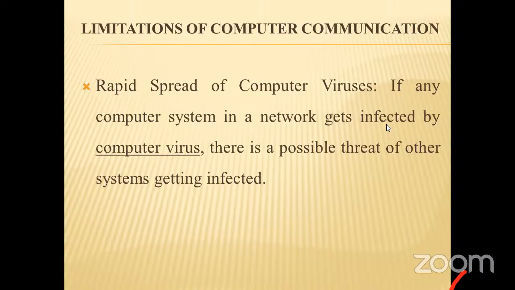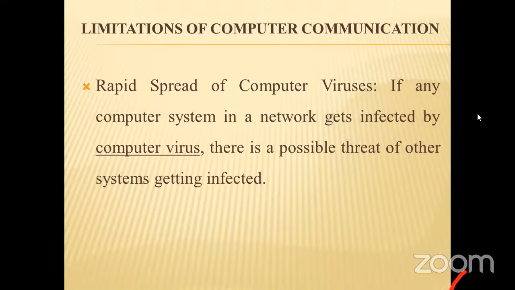Rapid spread of computer viruses. If any computer system in a network gets infected by computer virus, there is a possible threat of other systems getting infected. Thank you. So the other limitation is there is rapid spread of computer viruses.